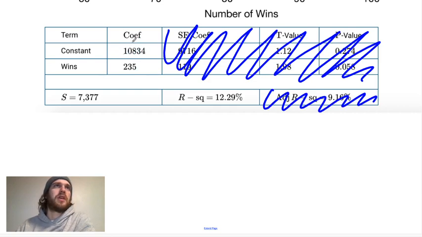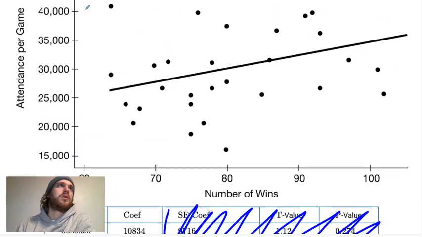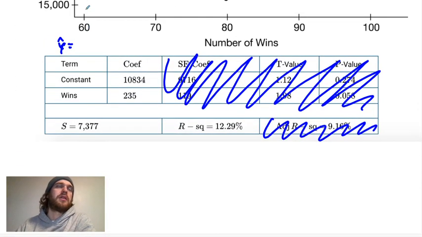So our regression line is going to be y hat equals, or in this case, attendance hat equals, the constant 10,834 plus, there's our slope, 235x.